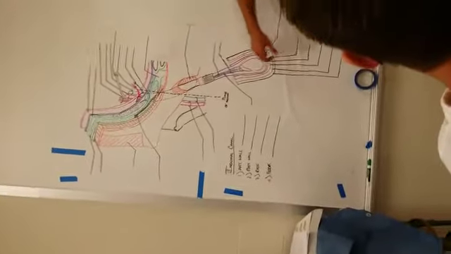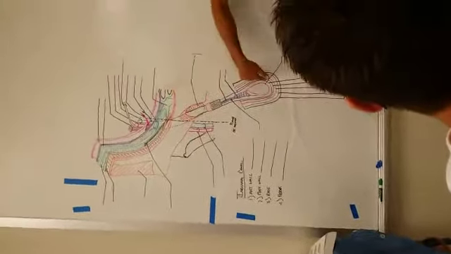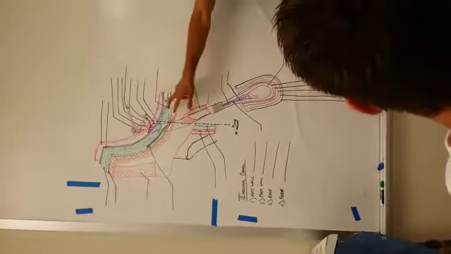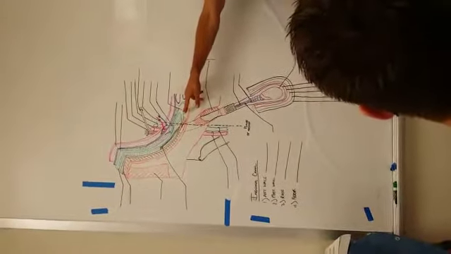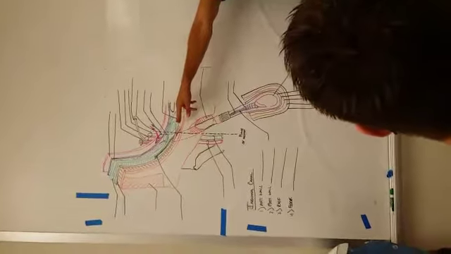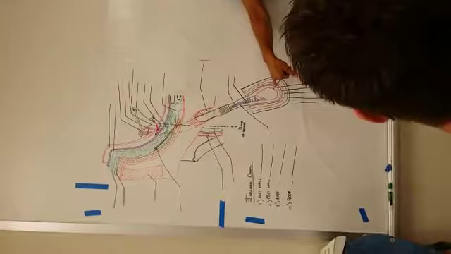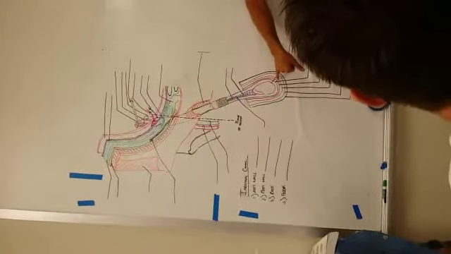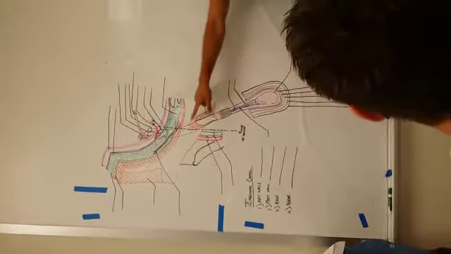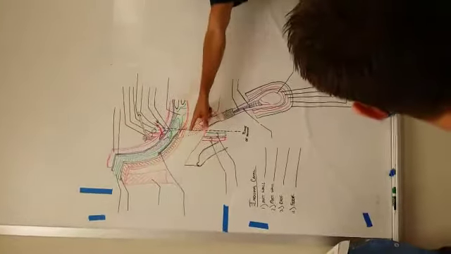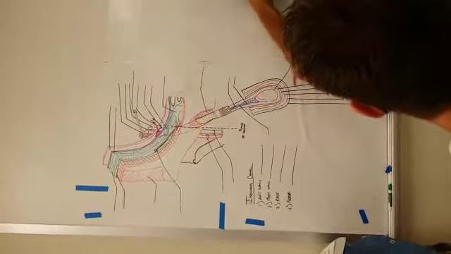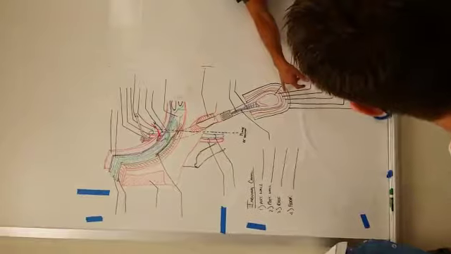Next out is this brown layer, which is a combination of your internal oblique and your transversus abdominis, which we would call the cremasteric fascia. Okay, does that make sense? That's your brown layer there. Then the next layer out is going to be your external abdominal oblique, which is going to make your external spermatic fascia.